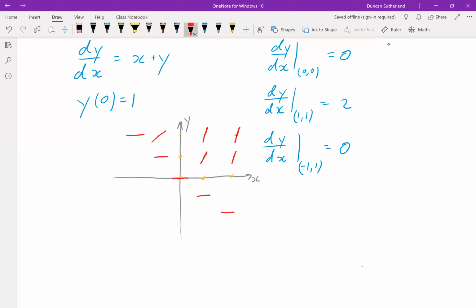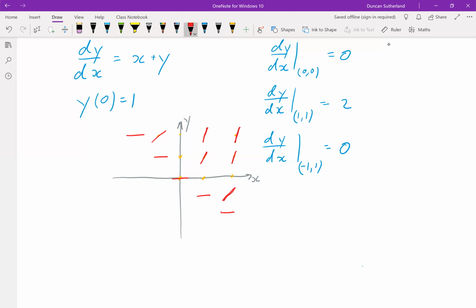Again, resolution is not our friend when we're doing this by hand, so it's not going to be a great picture. Down here, this quadrant's going to match this one, roughly speaking. 2 minus 1 is 1, so we're going to get a slope 1 there. Here we've got negative slope.